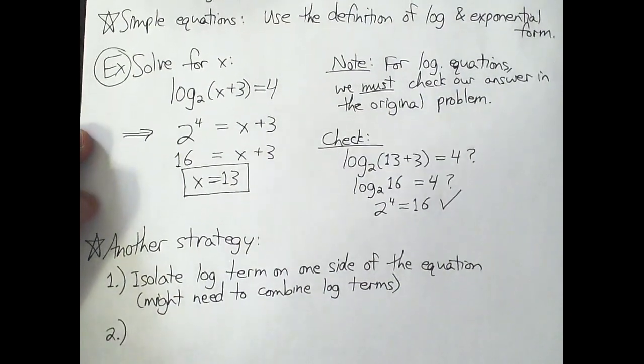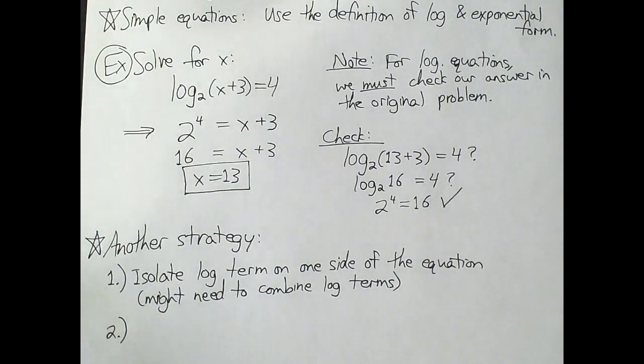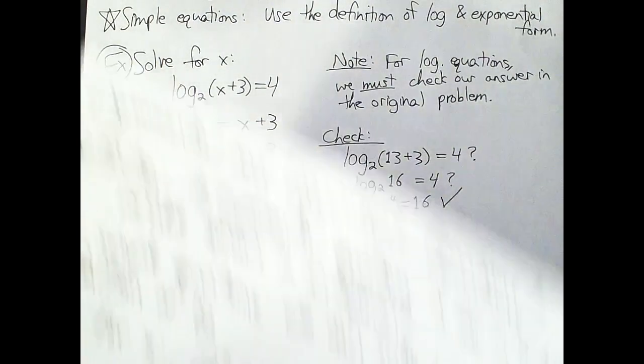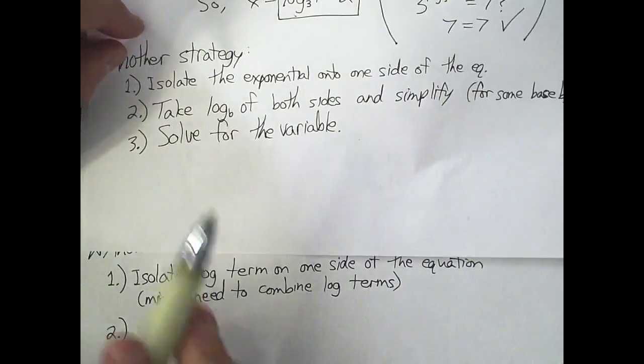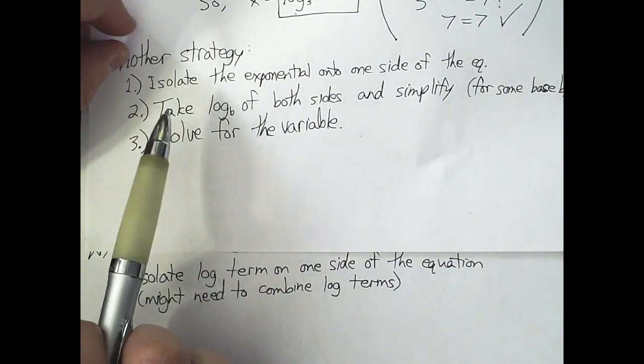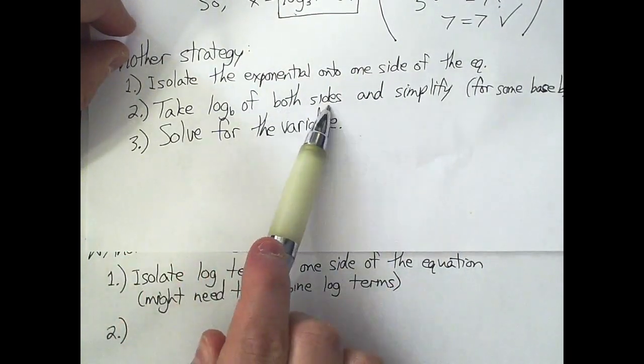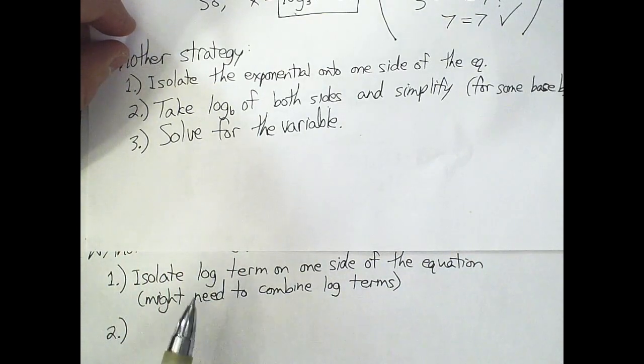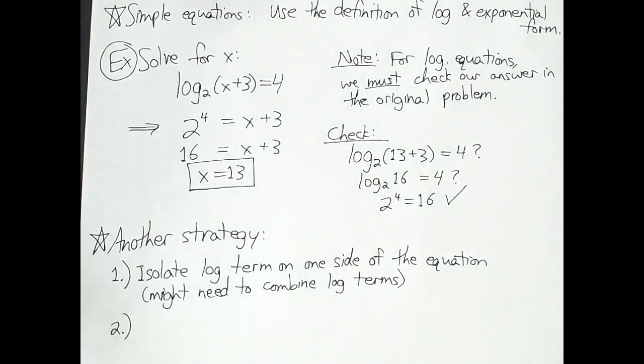Step 2, let's think about what we did earlier for exponential equations. I'm actually going to show you real quick. Earlier, in a 3-step process for solving exponential equations, we isolate on one side. Then it was take log of both sides. So what do you think we're going to do here? We don't want to take the log of both sides again, because we're talking about problems that already have a log in them.